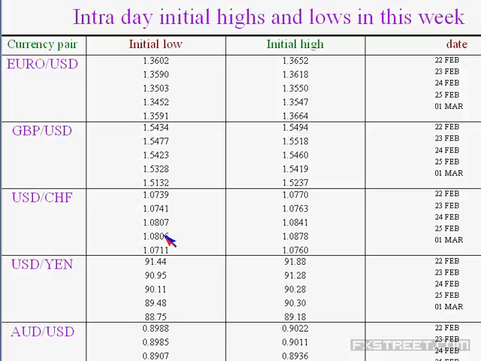And in the case of CHF, last week it opened around 1.0739 and this week 1.0711, and the high is 1.0760. Last week's high was 1.0770.